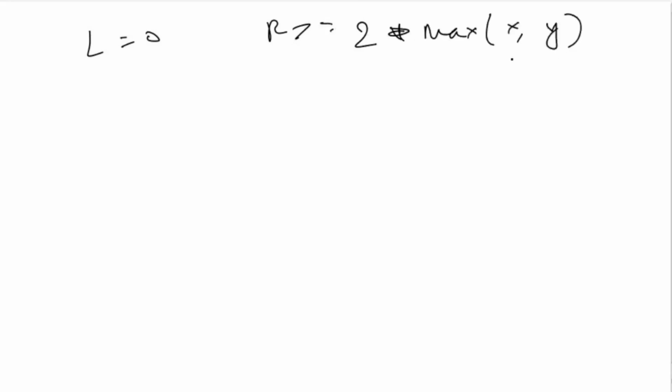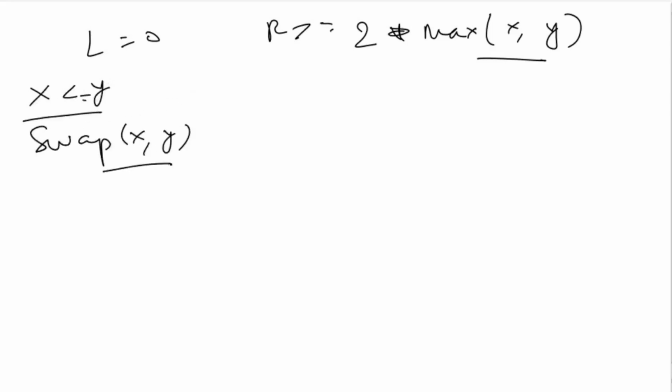I'll assume that y is always greater than x; if it is not, then we swap x and y. So R is greater than or equal to 2 into y.